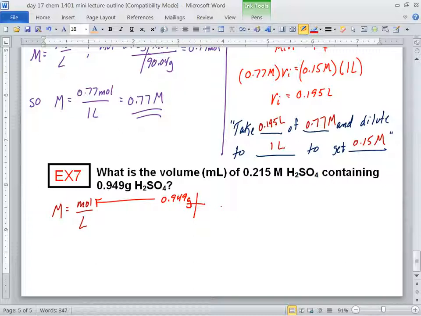What's the molar mass of sulfuric acid? 98.9. Thank you, sir.